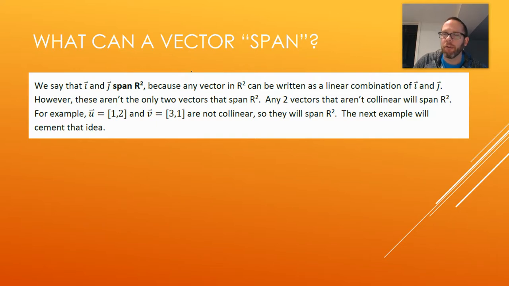They span R2. This doesn't always happen with any two vectors. For example, let's say I had a vector, I'll call it u, and I had another parallel vector, I'll call it v. By taking linear combinations of u and v, I can't get wherever I want.